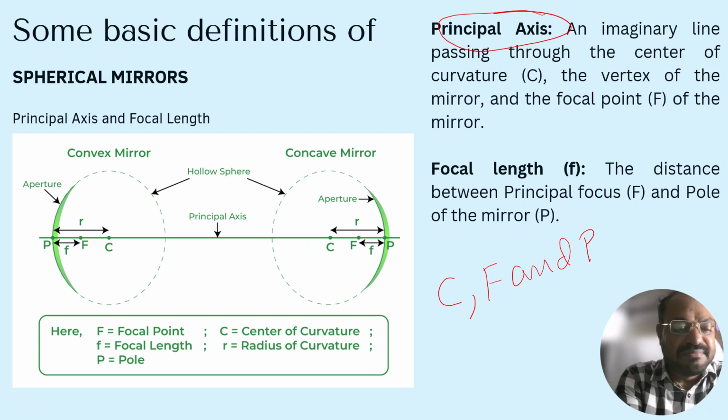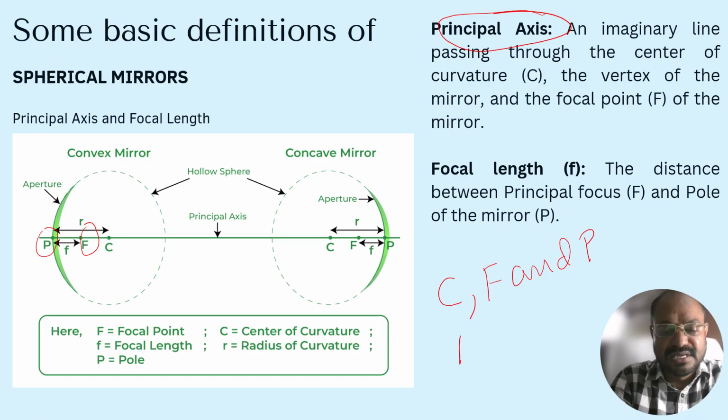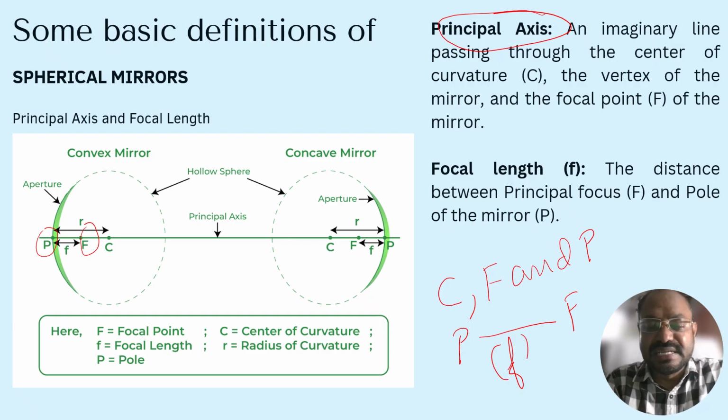The distance between the pole and the principal focus is called focal length, which is represented by small letter f. So these terms, which we have studied, help us to draw accurate ray diagrams and locate where images are formed.